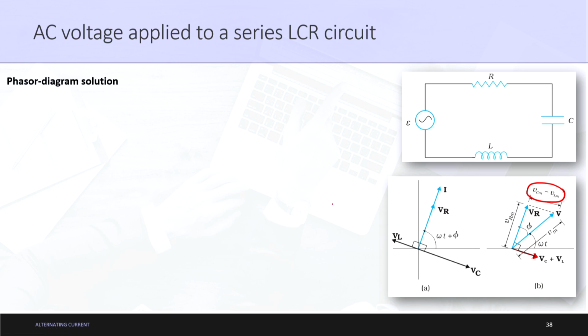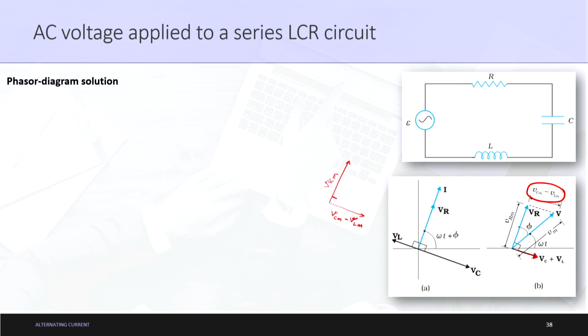So, now if you see clearly, this has a value equal to VCM minus VLM, and this has a value equal to VRM. Okay. Everything is small, please remember everything is small. The length of the phasor is written in small letters, and if we are trying to obtain the complete value, we denote it by capital letters. Okay. Fine. So, this is VRM, this is VCM minus VLM.